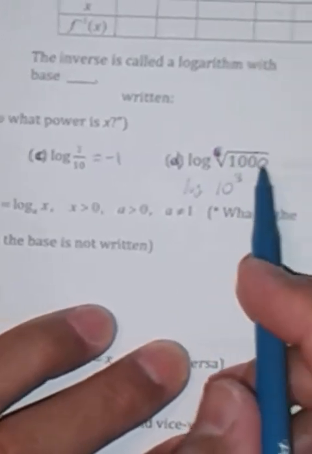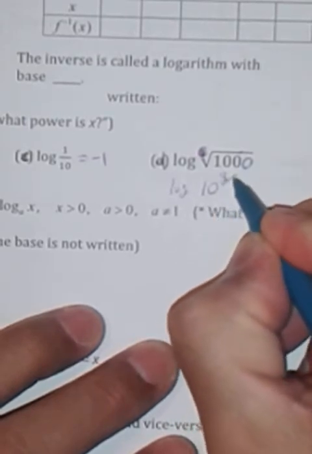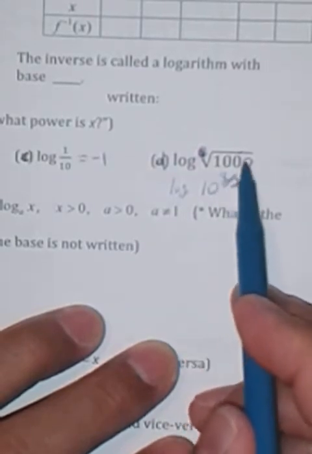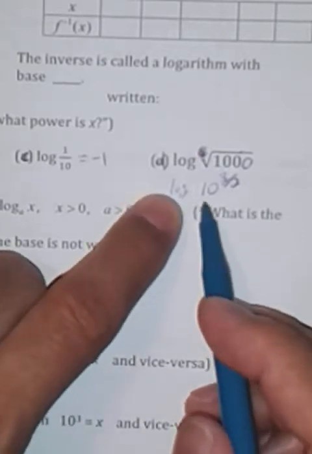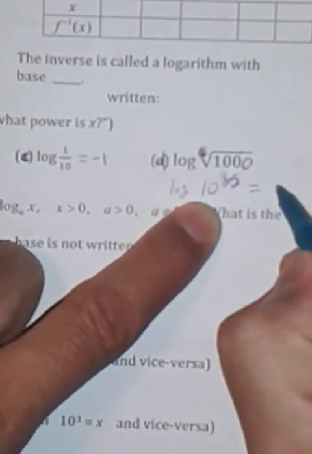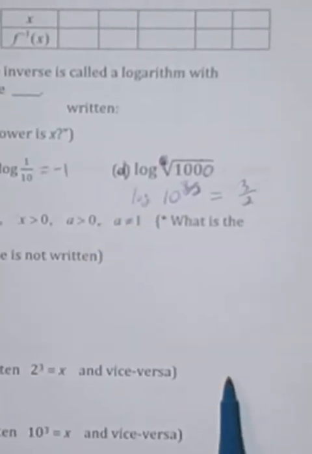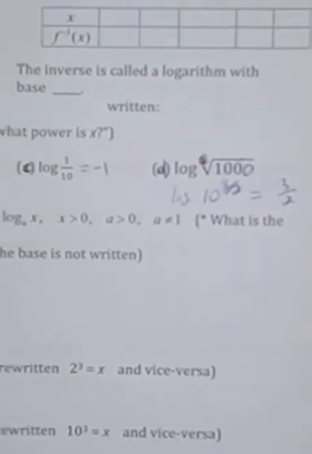And how do we write the square root? Well, this is the new thing you're learning. You put the 3 over 2: whatever the power of the 10 is, over 2. And then 10 to what power is 10 to the 3 halves? Well, 10 to the 3 halves power is 10 to the 3 halves. So notice we can now also do square roots of powers, at least of 10.